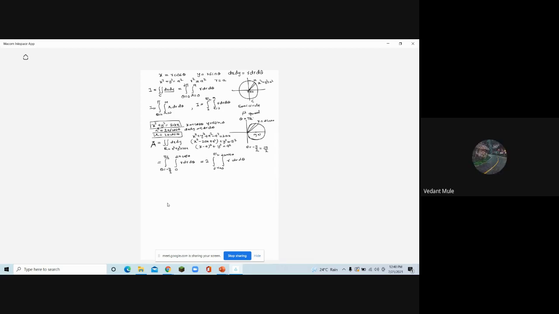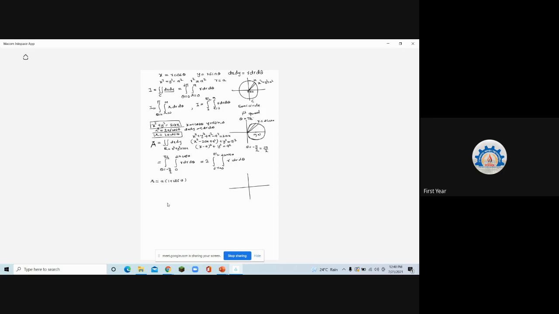Yes, good. Now next one you tell me. This is rather simple. Find the area bounded by the cardioid r is equal to a into 1 plus cos theta. So you have to first draw this cardioid. Do you remember how we have drawn the cardioid?